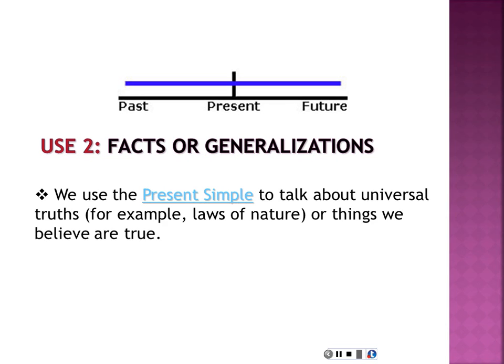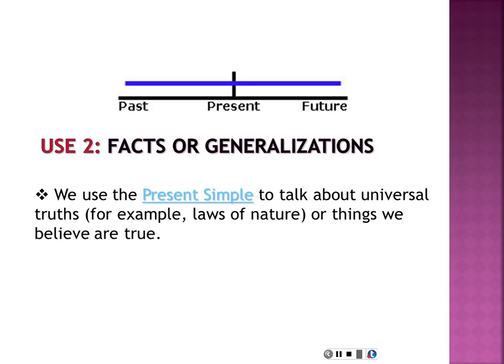So we use the present simple to talk about universal truth. For example, laws of nature or things we believe are true. إذا نستخدم الزمن الحاضر البسيط للتحدث عن حقائق كونية لا جدل فيها. Something that we cannot say this is not true.